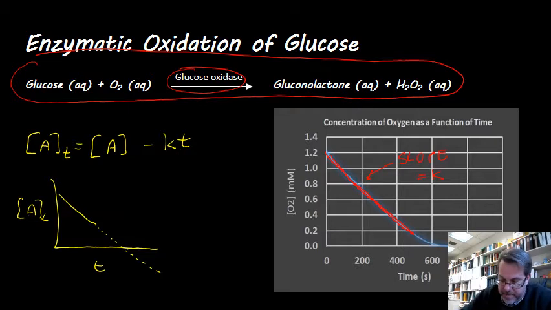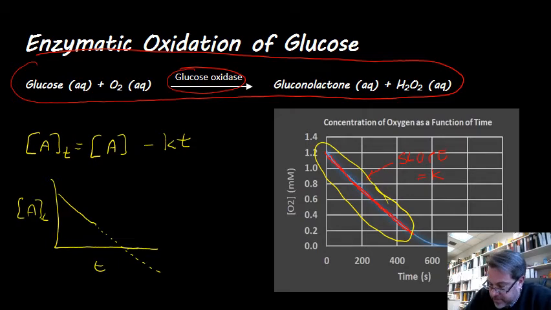Well, what happens is, in order to have zero order kinetics, you have to have a saturated catalyst. And for the catalyst, or in this case an enzyme, which is a type of catalyst, in order for the catalyst to be saturated, the concentration of the reactants has to be much, much larger than the concentration of the catalyst, right? And that's true in this first part of the reaction. But as you get toward the very end of the reaction, the concentration of the reactants begins to decrease, and toward the end, the catalyst is no longer saturated.